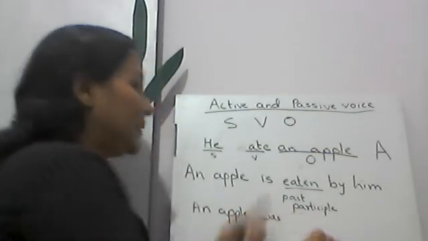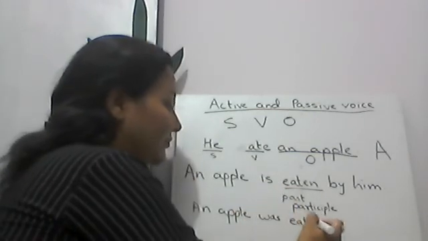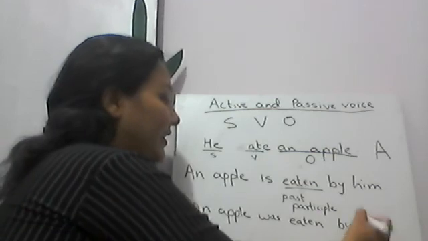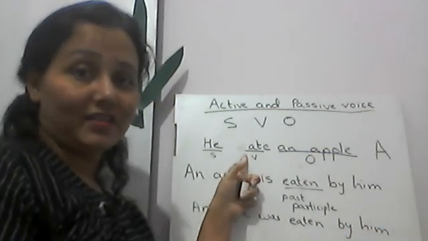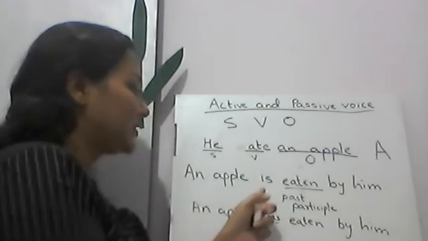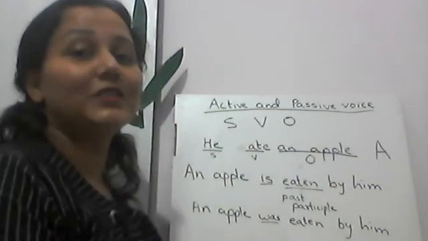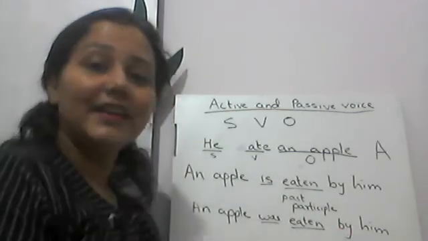Was, again eaten, that is past participle form, by him. Okay, because only ate is the past tense of the verb. So here we have changed is into was. In simple present tense it was is, and eaten by him.